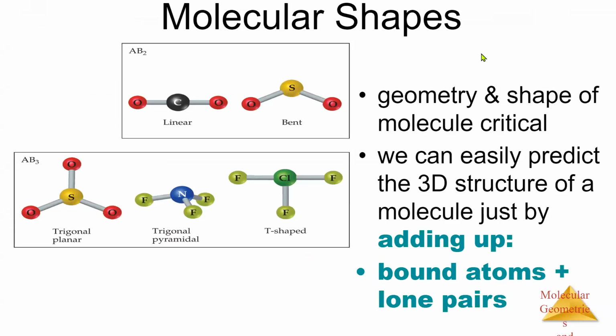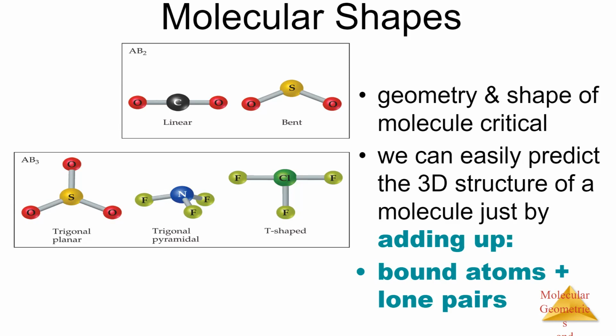Now shape. After we started practicing Lewis structures, we then need to say, okay, if I have these Lewis structures, I need to figure out what the shapes are, because these shapes dictate polarity. And when you get to college or organic chemistry, we'll talk about how shape dictates function.